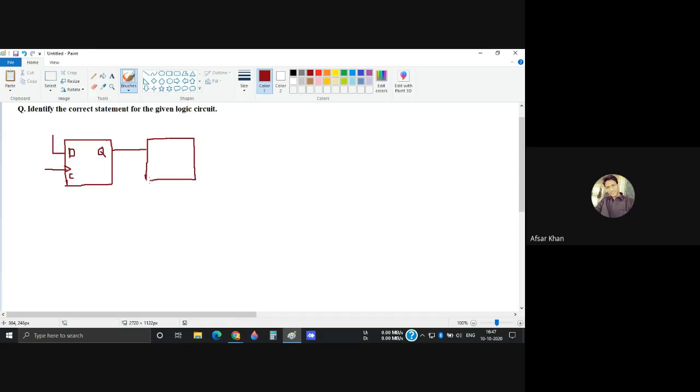Students, just write the question and draw this diagram also. This is our last question.